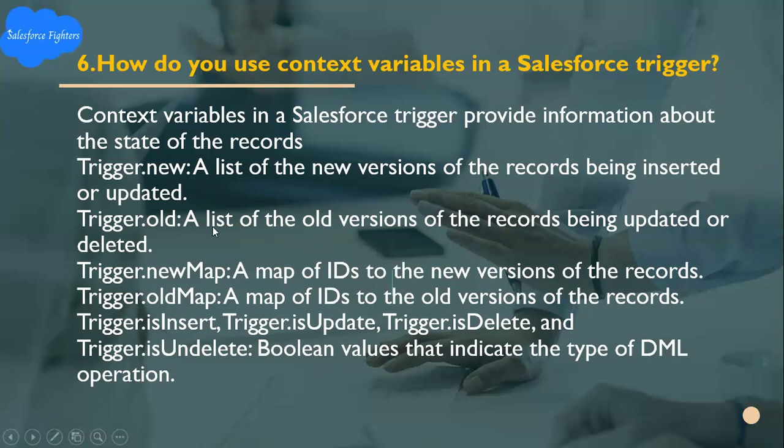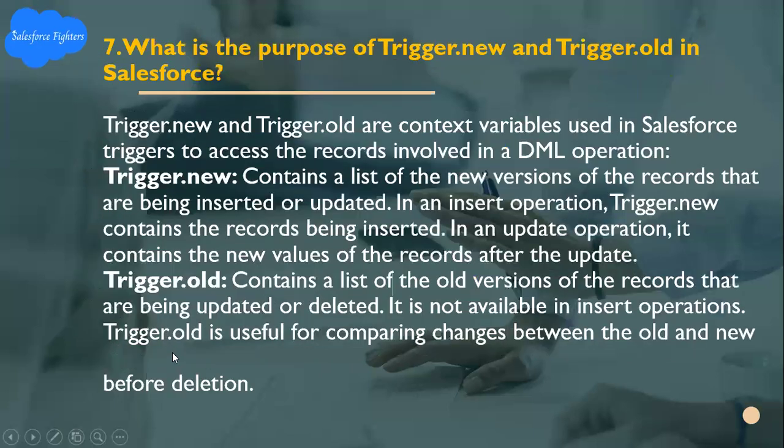Trigger.old is a list of the old versions of the records being updated or deleted. Trigger.newMap is a map of ID to the new version of the records. Trigger.oldMap is a map of ID to the old version of the records. Trigger.isInsert, Trigger.isUpdate, Trigger.isDelete and Trigger.isUndelete are Boolean values that indicate the type of DML operation.